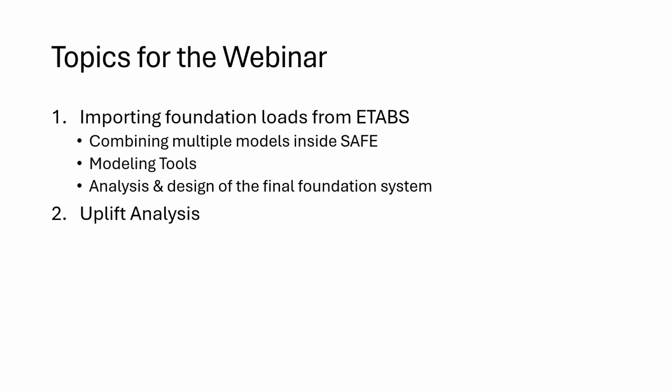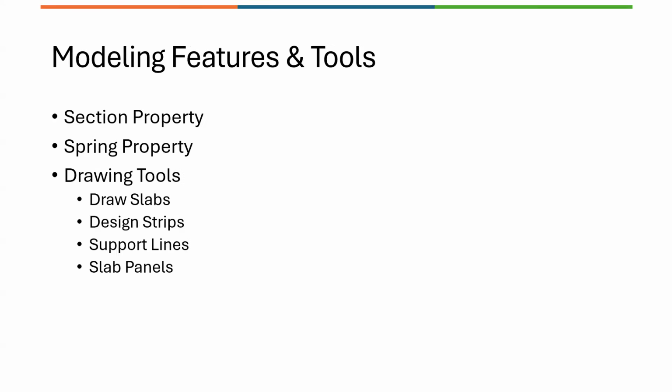Next example would be an uplift analysis, right? So these are the tools we'll be using commonly for any model. We'll be starting with the section properties, spring properties for defining the soil springs, and various drawing tools listed below.